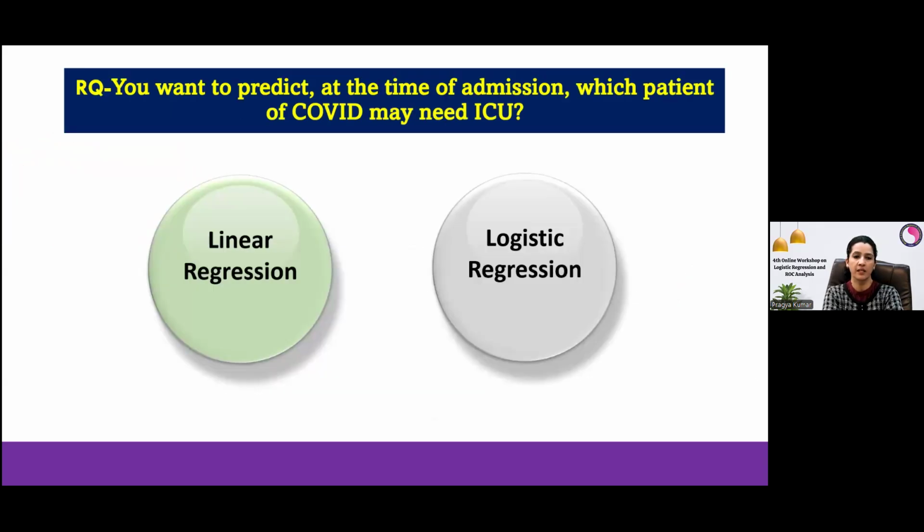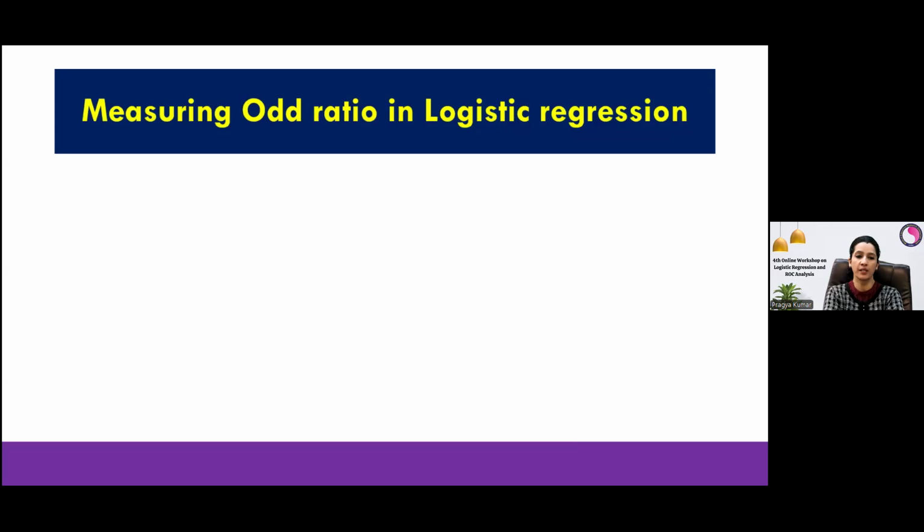If I want to predict at the time of admission which COVID patient may need ICU, which type of regression should I be using, linear or logistic? Yes, all of you please type in the chat box. Logistic, yes. Rightly said, because the dependent variable is whether they need ICU or they don't need ICU.